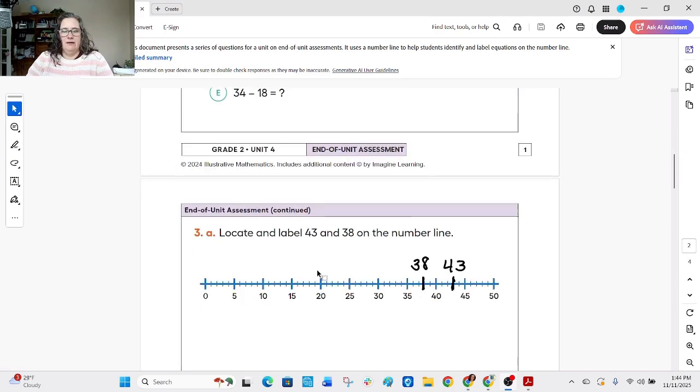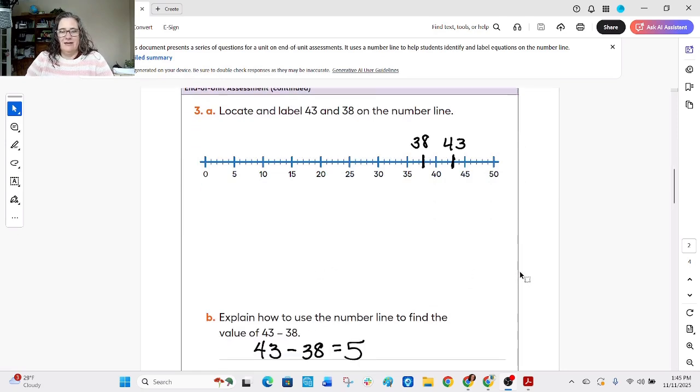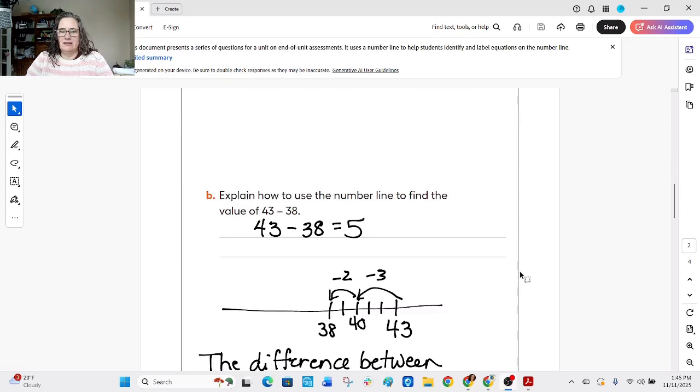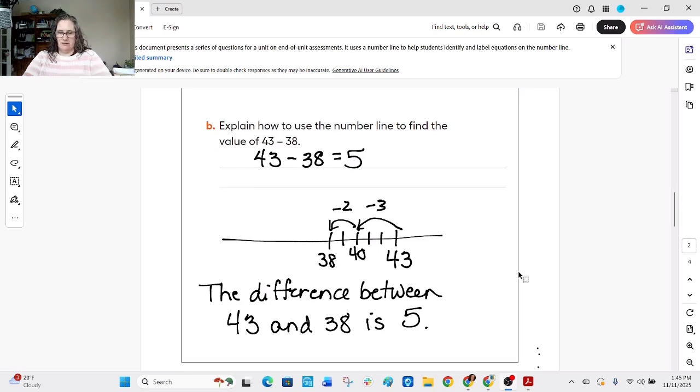On number 3A, they are locating and labeling 43 and 38 on the number line. Then in B, they're explaining how to use the number line to find the value of 43 minus 38. So for this, students really need to understand that the difference or the distance between 43 and 38 is 5.